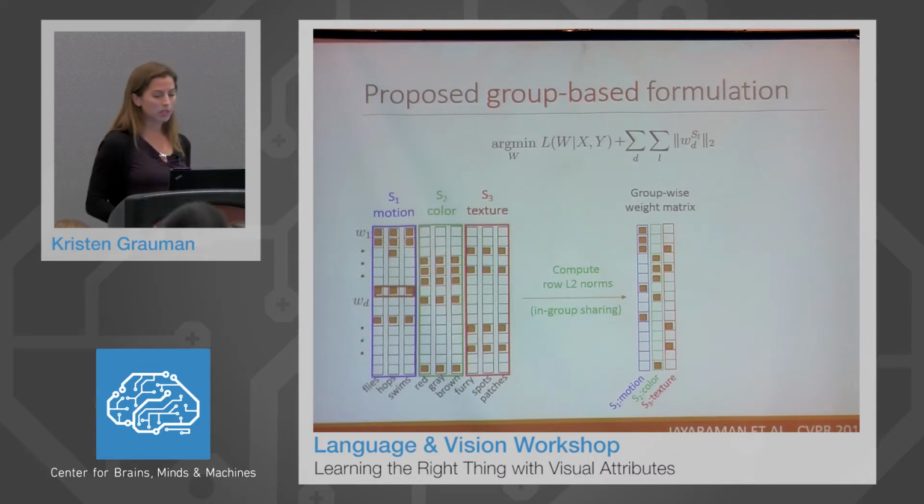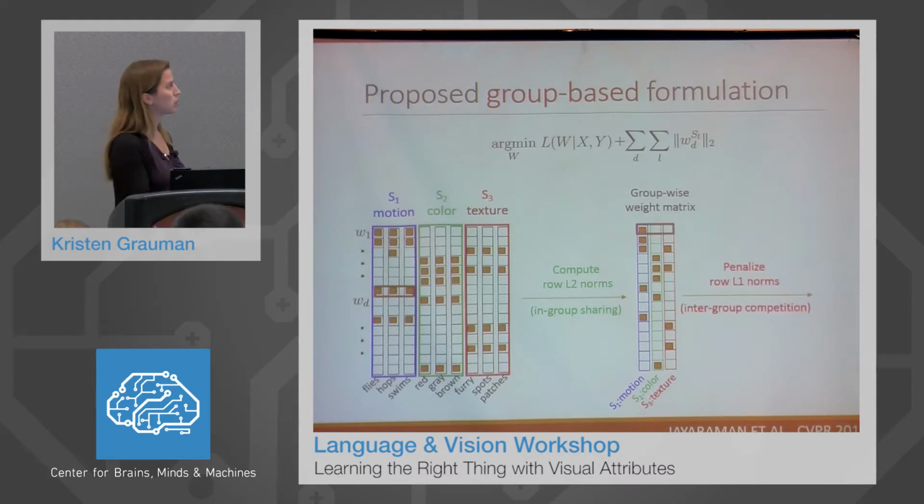Now the competition part of the feature selection will penalize the L1 norms on each of these rows. So in other words, the ideal situation is one of these groups gets to use the feature, but only one. So we'd like these to be sparse in each of the rows. Okay. So it's a structured sparsity approach to try and encode this idea of competing for features such that you don't mistakenly latch on to these incidental correlations.